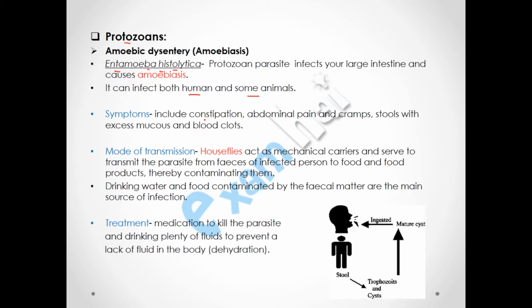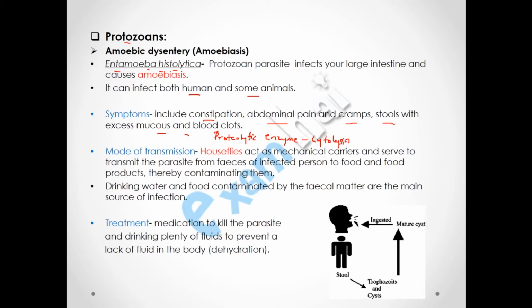Symptoms include constipation, pain in the abdominal area, cramps, and stool with excess mucus and blood clots. The reason behind this is that Entamoeba secretes a proteolytic enzyme, which is cytolysin.